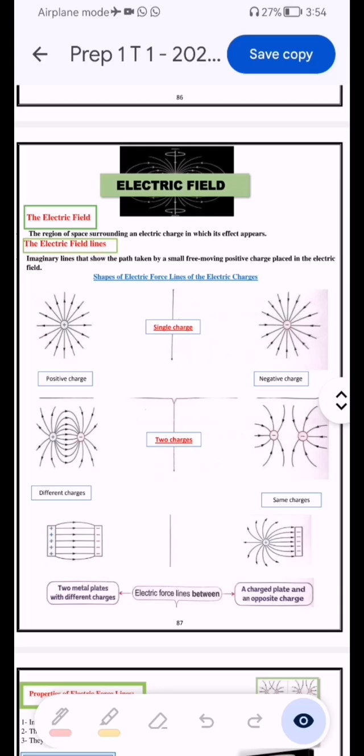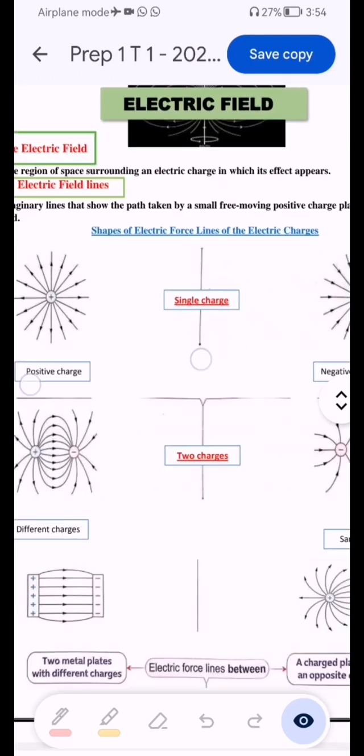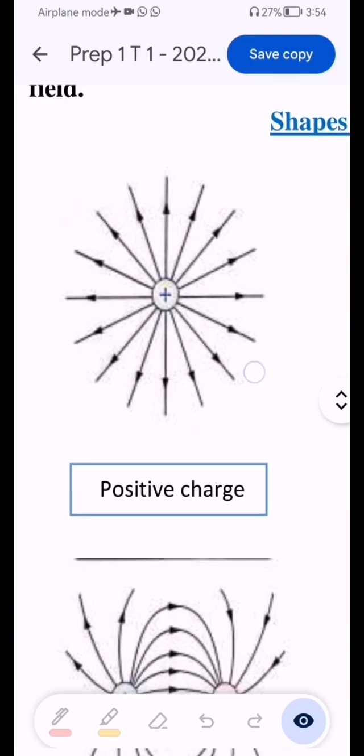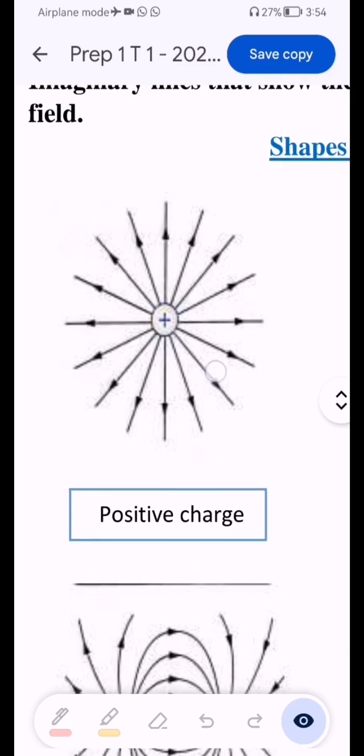Okay, look at the shape of the electric field lines of the electric charges. Firstly, the positive charge. Look at this. Around the positive charge, there are arrows that go out. That means the electric field starts from the positive charge.